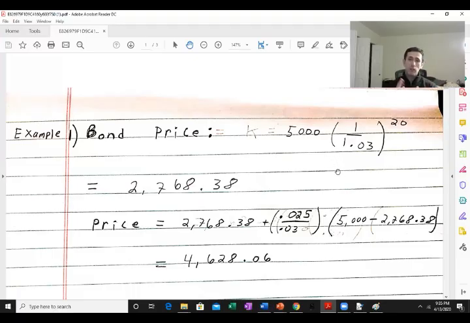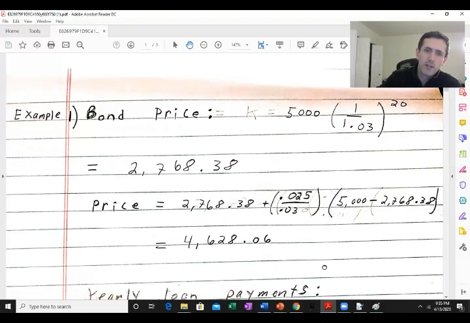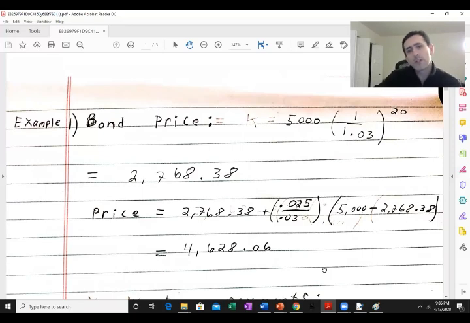The coupon rate is 5% nominal semi-annual divided by 2, 2.5% coupon rate. The yield rate we said is 6% divided by 2, 0.03. So R over J is 0.025 over 0.03 times F minus K. So just dump this in your calculator and you get 4628.06.